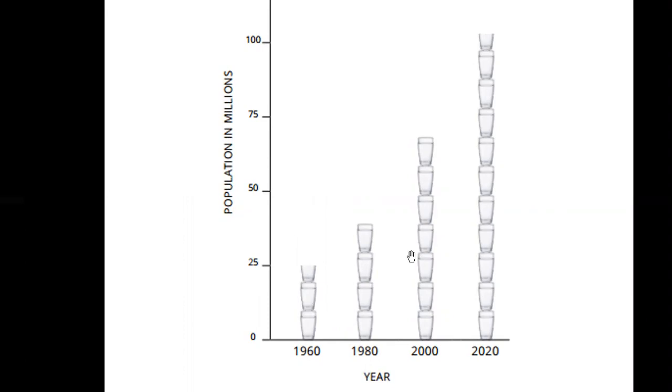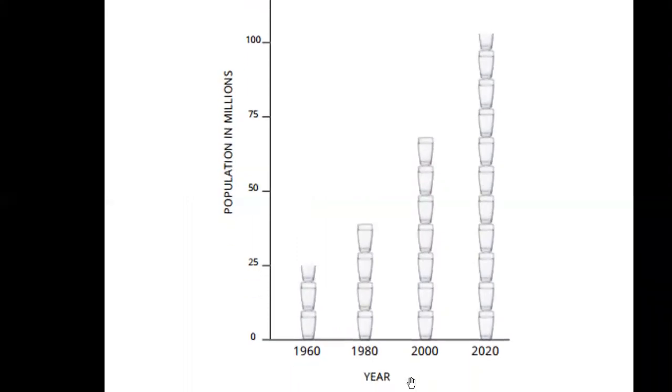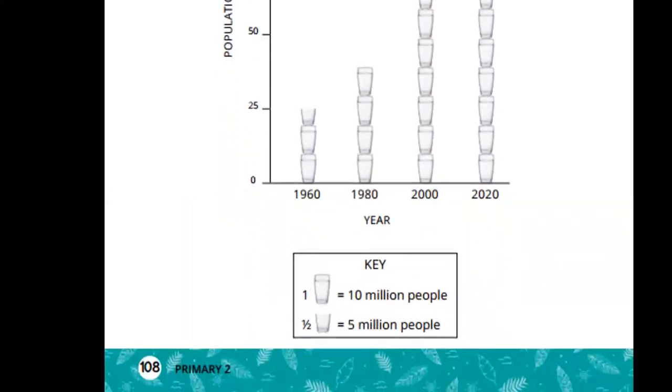Now, look at the box below the chart titled Key. The population or number of people is represented by glasses of water. Each one glass of water equals 10 million people, and each half glass of water equals 5 million people.